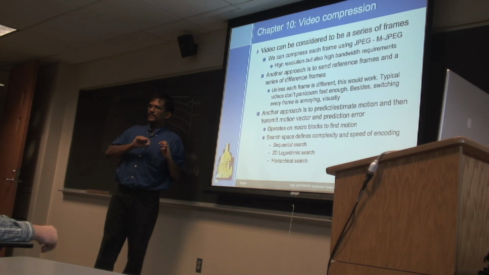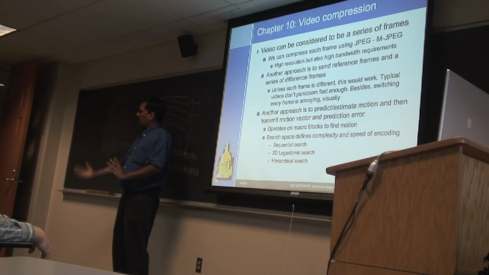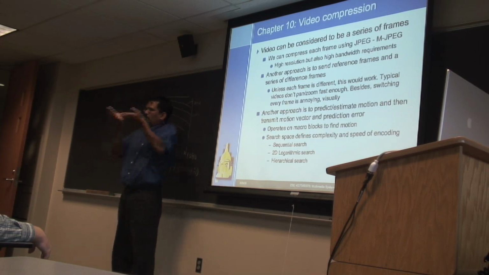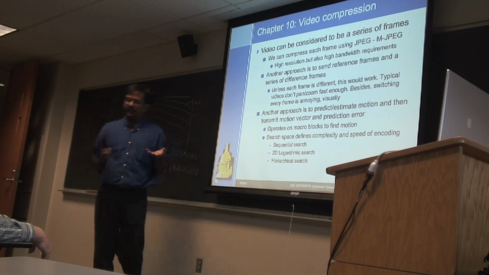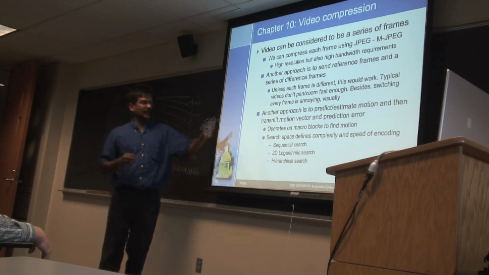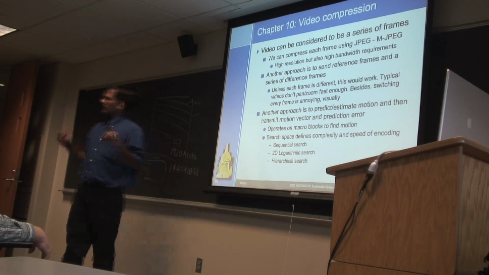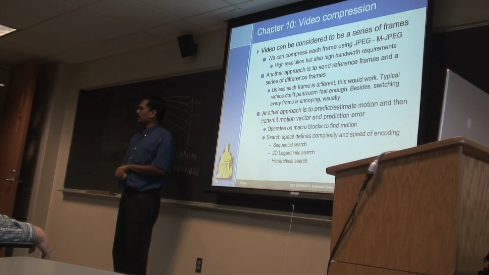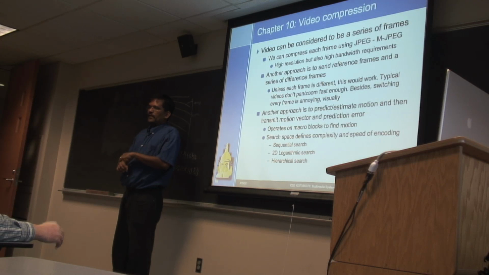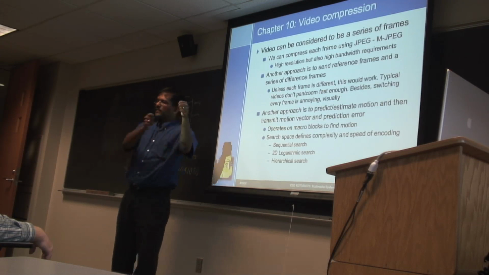And then once you do this, you have to do some compensation, because if you take the original image and move these objects this way, there are still some leftover effects. That residue I send to you separately, right? And that's the basis for most of the video compression algorithms we'll see in the next few lectures. Essentially we know that very few things change, but when they change, they change in a nice fashion.